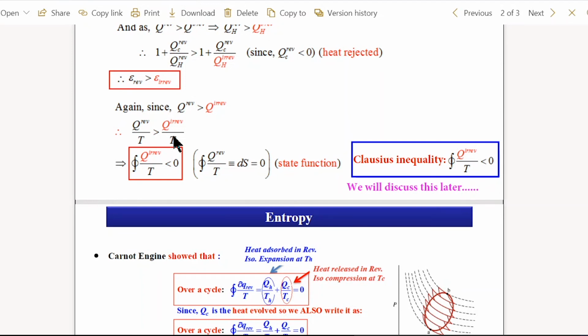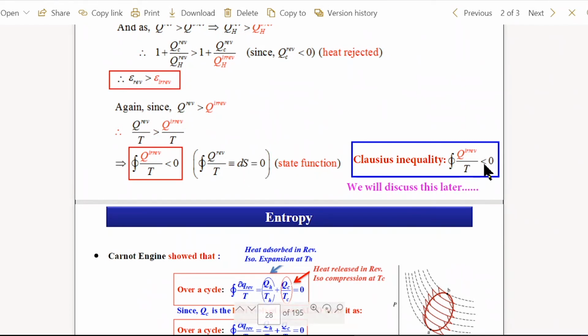It is only to make you understand that Q reversible by T is what I will define as entropy. This will be equal to 0 for a cycle, while the irreversible one will be less than 0, because 0 is greater than this. That means this is going to be less than 0. And that is the Clausius inequality we have.